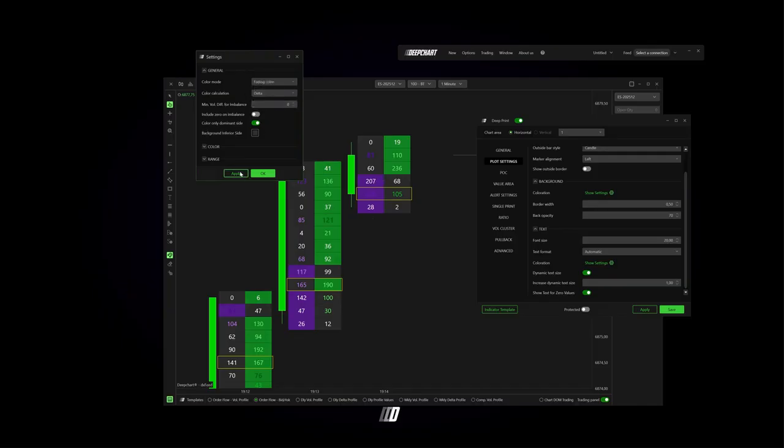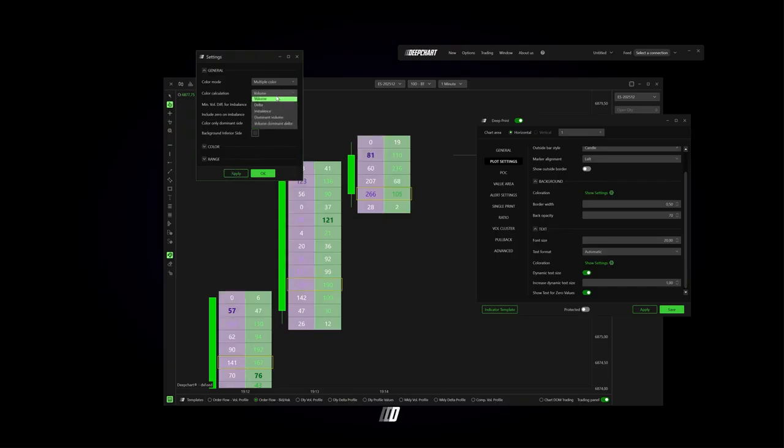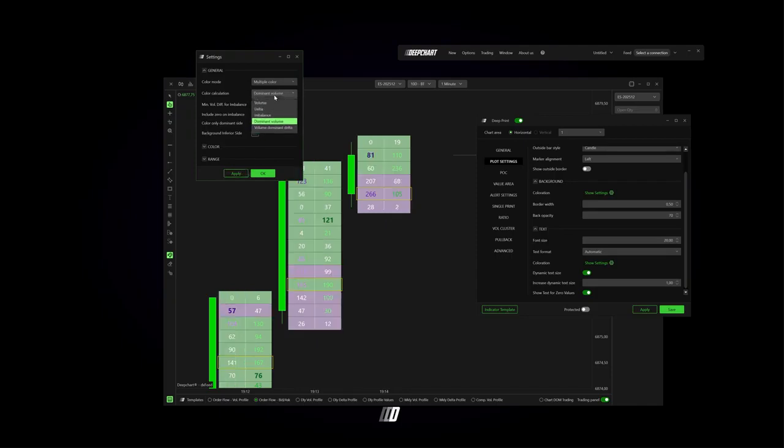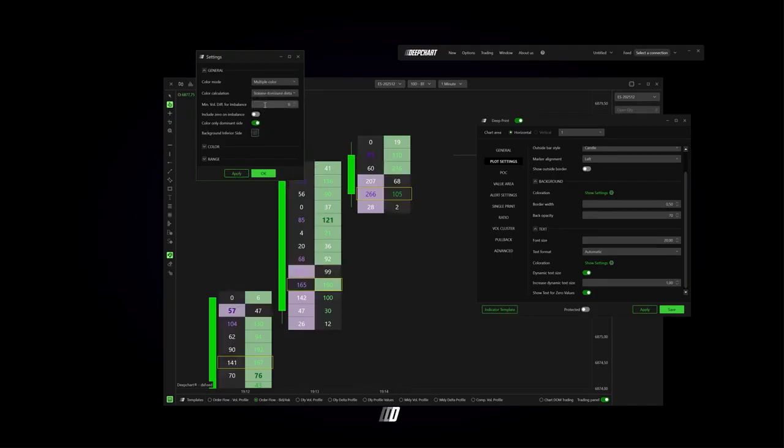Or fading color, which is what I typically use, or multiple colors. And the color calculation, how do you want it to be colored? Based on volume, or based on delta, or dominant volume, or volume dominant delta. To be honest, I always keep it at delta to keep it simple.